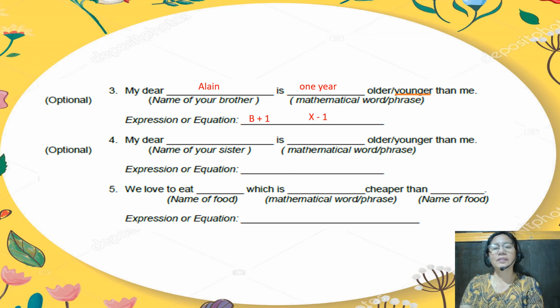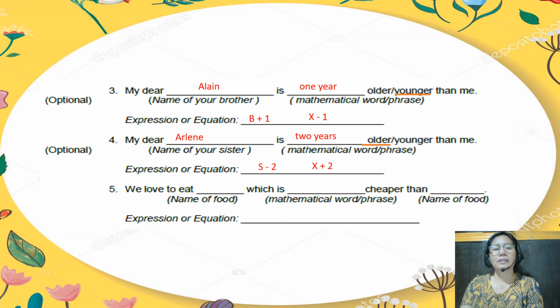If it is x minus 1, so that is the age of my brother. Next, my dear sister Arlene is 2 years older than me. So my expression is s minus 2, that is my age, while x plus 2, that is the age of my sister.